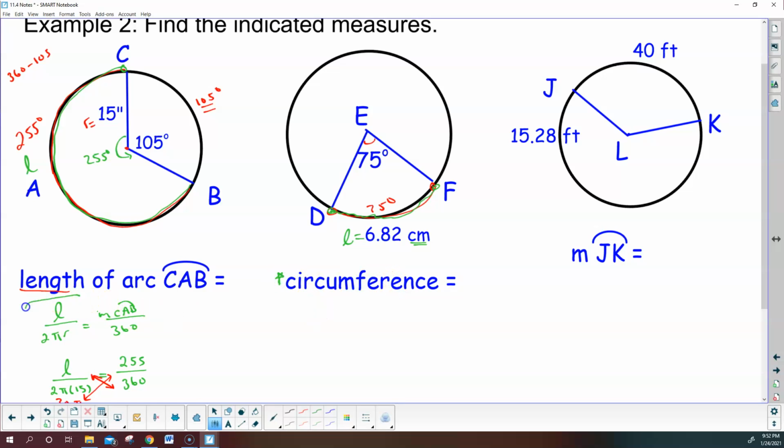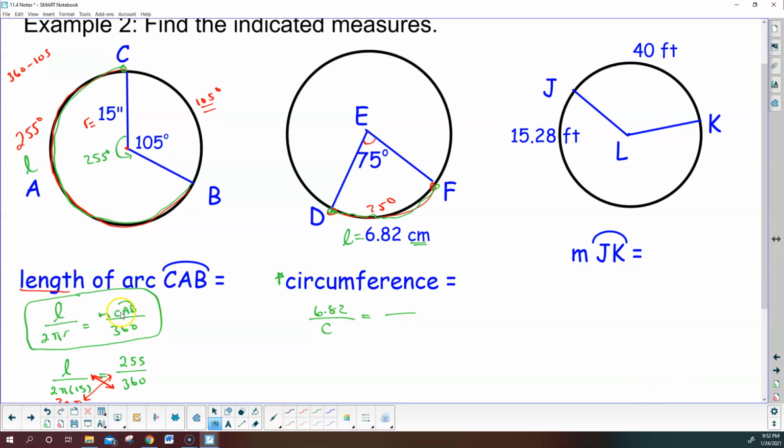So if I use the same formula over here, notice L is 6.82. But then they say find the circumference. Well, wait a minute. Isn't 2 pi r the circumference? So instead of putting 2 pi r here and solving it, that would give me the radius, I'm just going to put a C, because C stands for circumference.